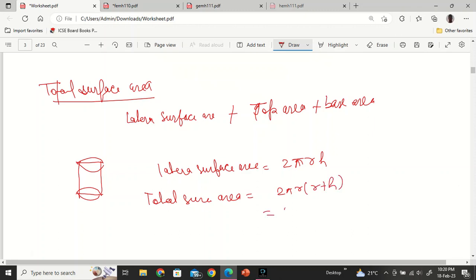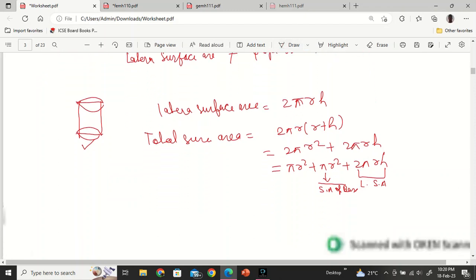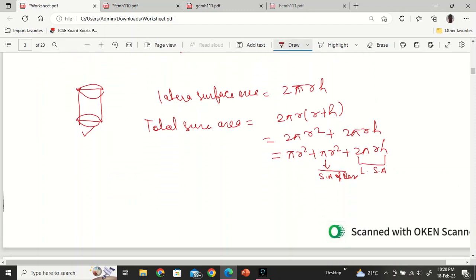So we can see here 2 pi r square plus 2 pi r h. Can I write it like this, pi r square plus pi r square plus 2 pi r h. So this is the lateral surface area, and this is the surface area of the base, this downward portion, and this is the surface area of the top portion.